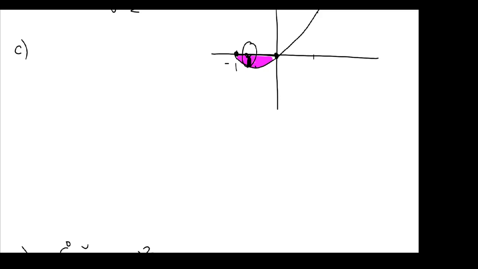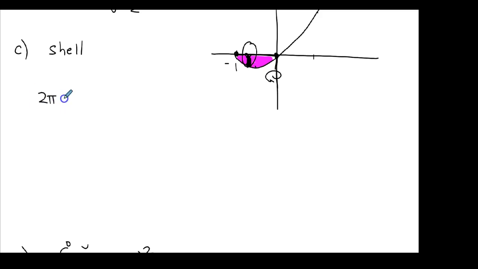In part C of this problem, it says to revolve it about the y-axis, I think. I didn't write that down, but that looks like what I did. If I'm revolving this about the y-axis, that is a shell problem because my little favorite rectangle is parallel.